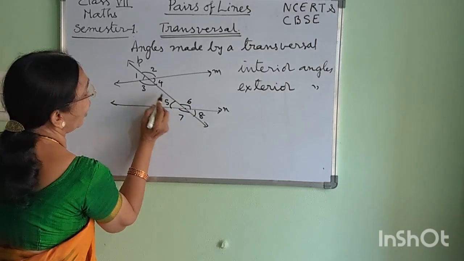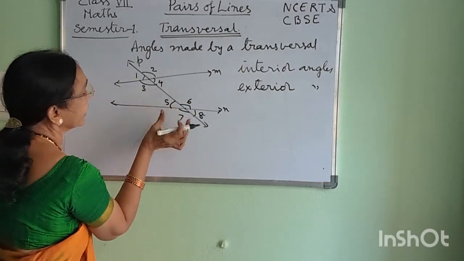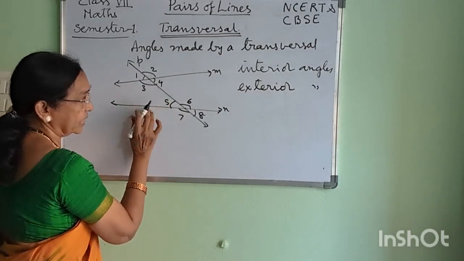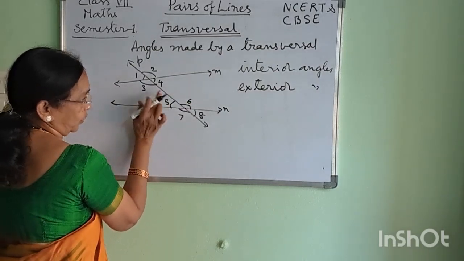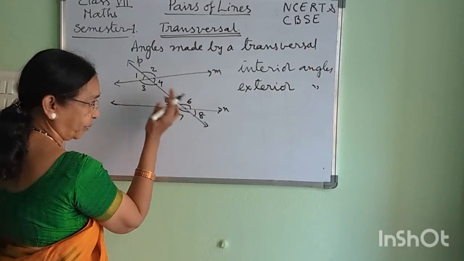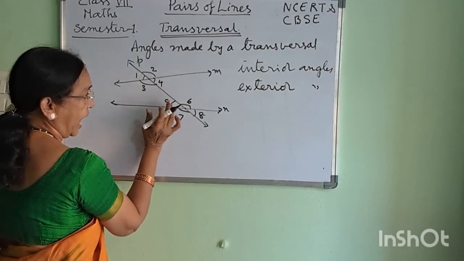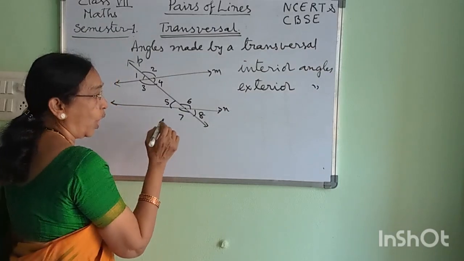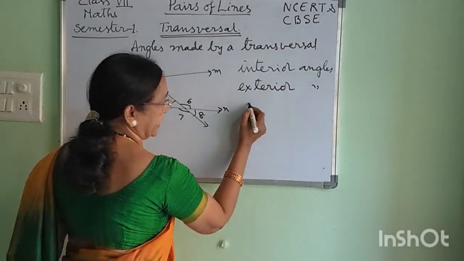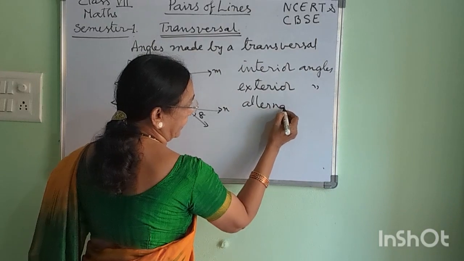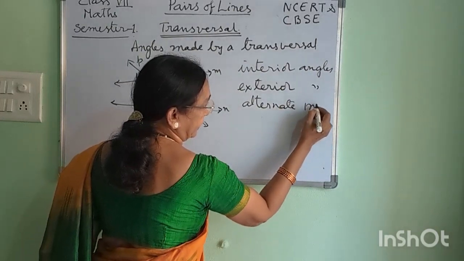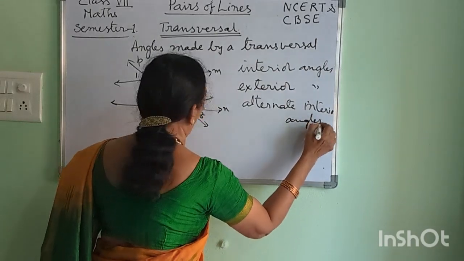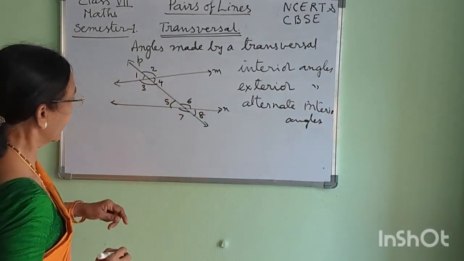3 and 6 are on opposite sides of the transversal and inside the two lines. Therefore, they are called alternate interior angles.